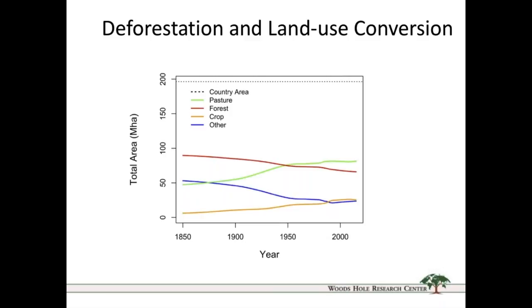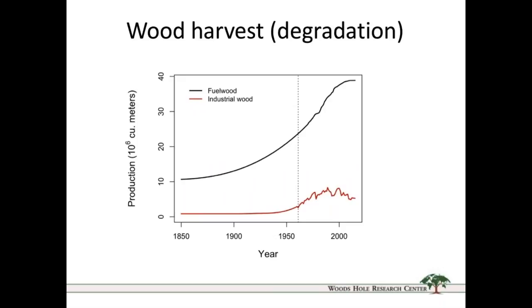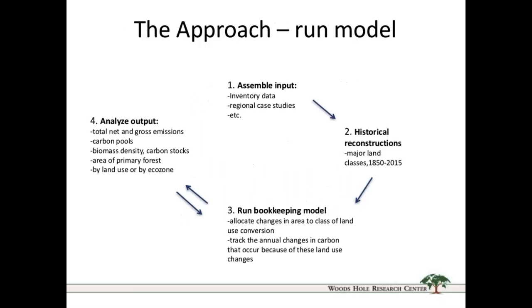That means productive grasslands or unproductive drylands, things that are not forest, pasture, or crop, anything else. And that's been declining too as agricultural lands increase. And similarly, we try to reconstruct the history of fuel wood use, the black line, and industrial or timber.